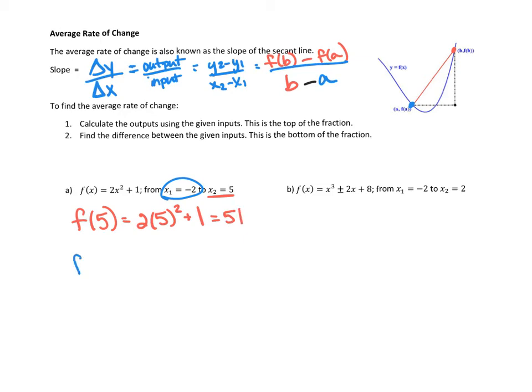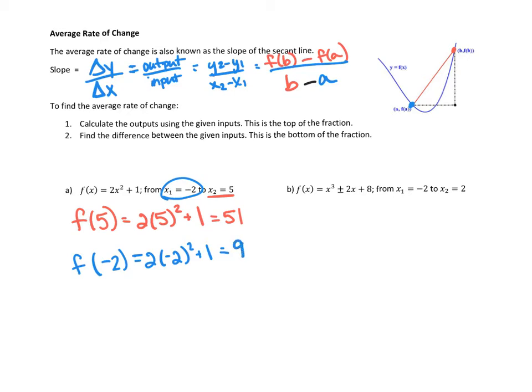F of a, or in this case, f of negative 2, equals 2 times negative 2 squared plus 1. Again, all I've done is plug in negative 2 for x. Order of operations says do the exponents first. Negative 2 squared is a positive 4, times 2 is 8, plus 1 equals 9.